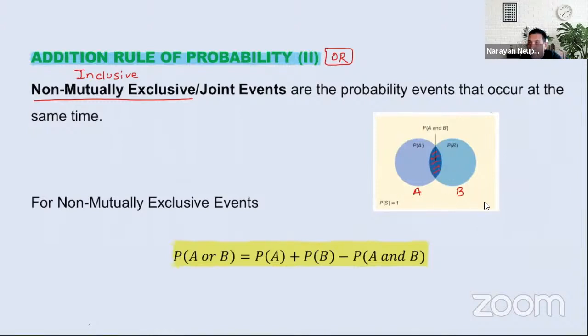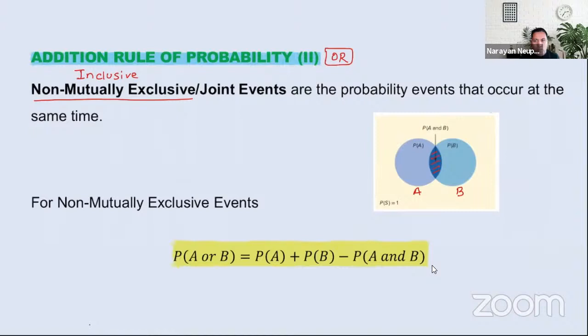In that case, if we want to find the probability of A or B, then like in mutually exclusive, it will be the probability of A plus the probability of B, but we subtract the probability of the shared region, so minus the probability of A and B.